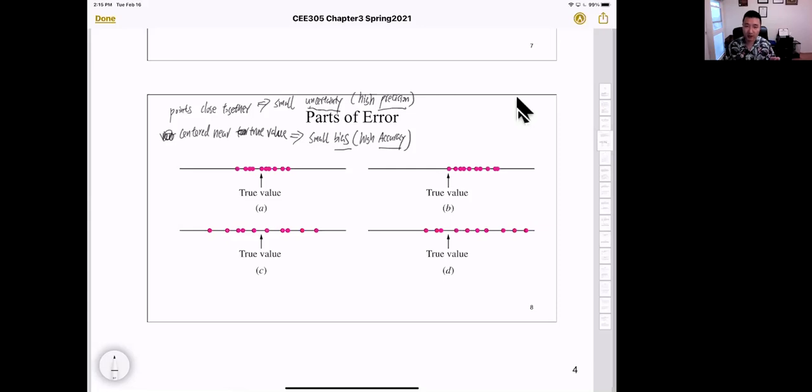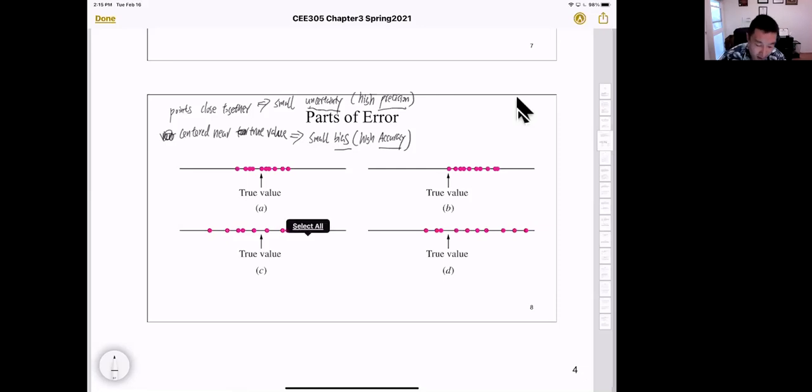We can also see the precision is high. The bias or the accuracy is determined by the difference between the true value and the measured value. In the first case, the center of the measurements is pretty much close to the true value, so we see the bias is small, and we call that high accuracy.